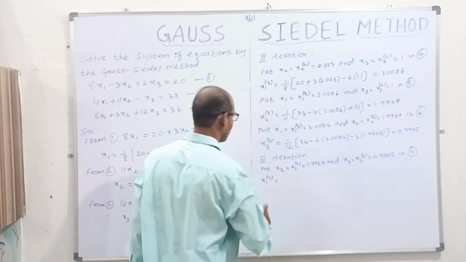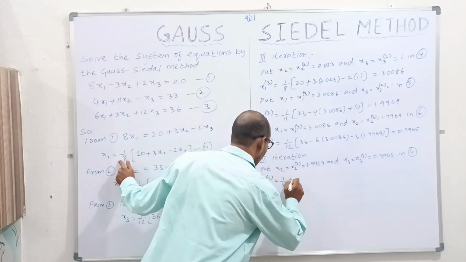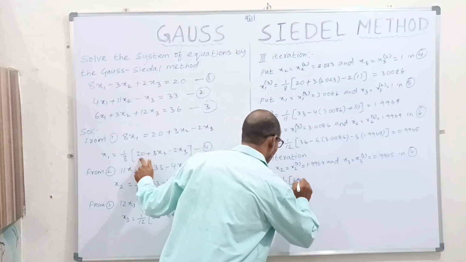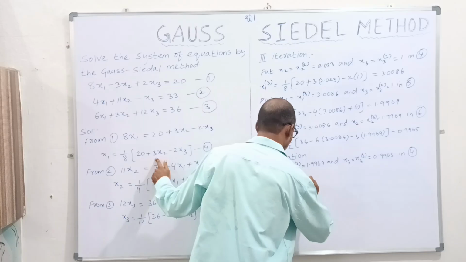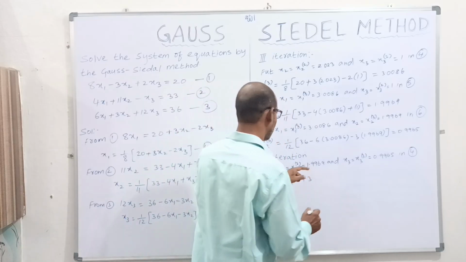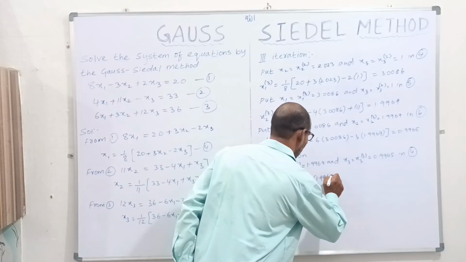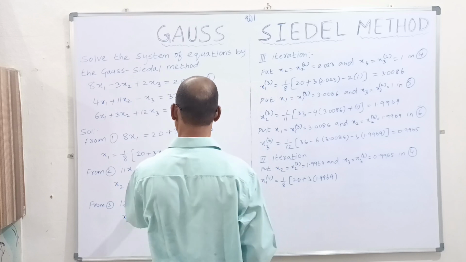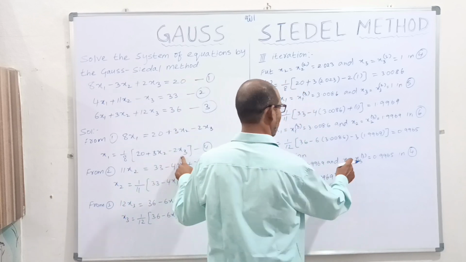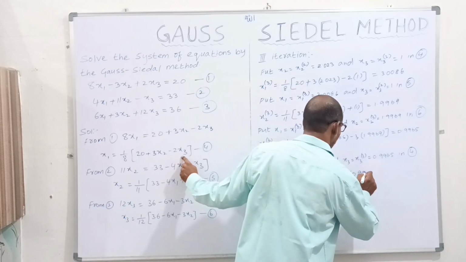for the fourth iteration equals 1 by 8 times (20 plus 3 into x2, so x2 is 1.9969, minus 2 into x3, so x3 is 0.9965).